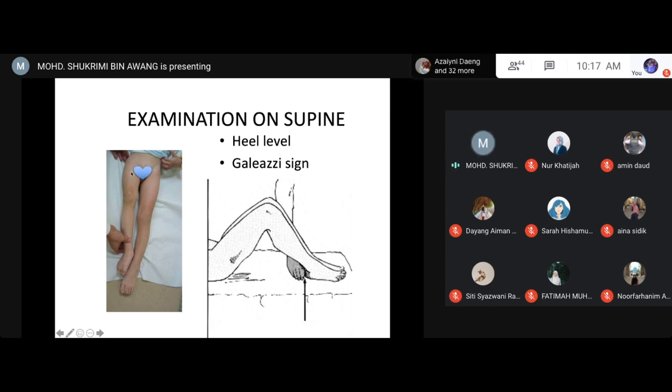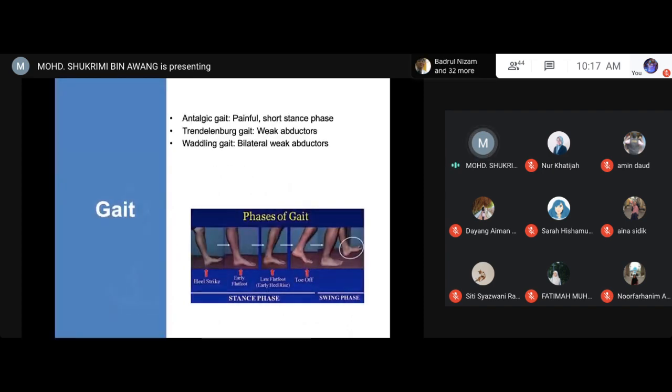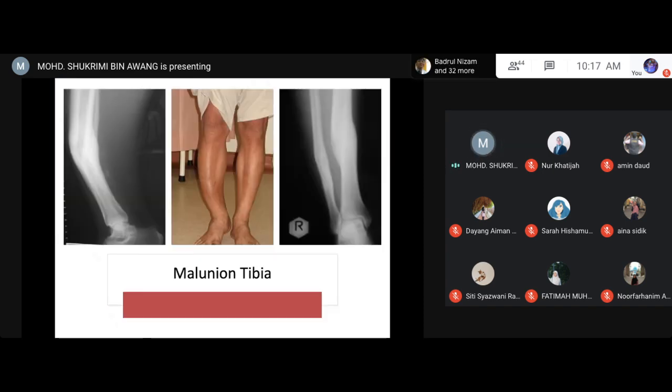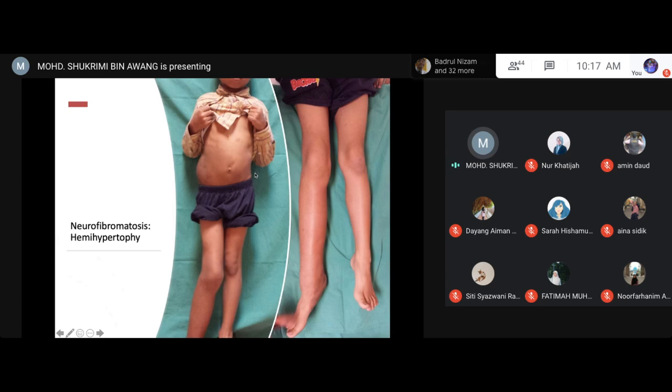In this case, the lower limb and the upper limb are proportionate, almost symmetrical in size, but here is bigger and not proportionate. So most likely this one is normal and this one is abnormal. That's one of the clues.